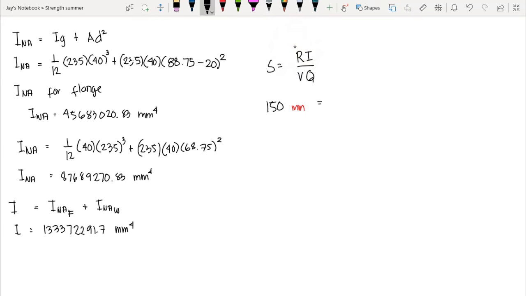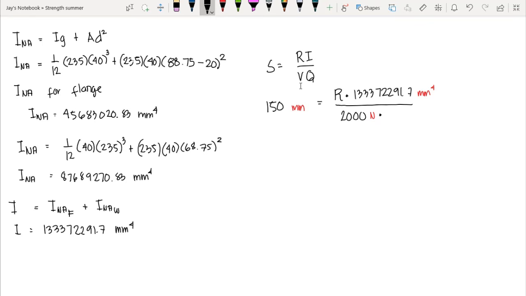So we take that as unknown. Our I here is 133,72291.7 over V, that is the internal shear. From our shear diagram, we have 2,000. That is in Newton, and this one is in millimeter to the fourth.